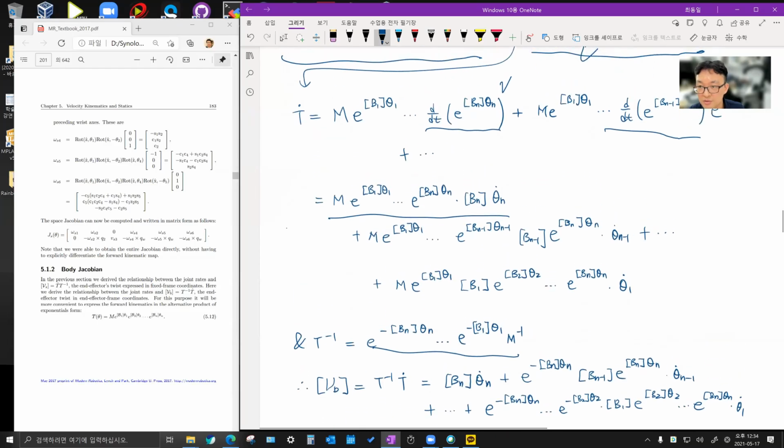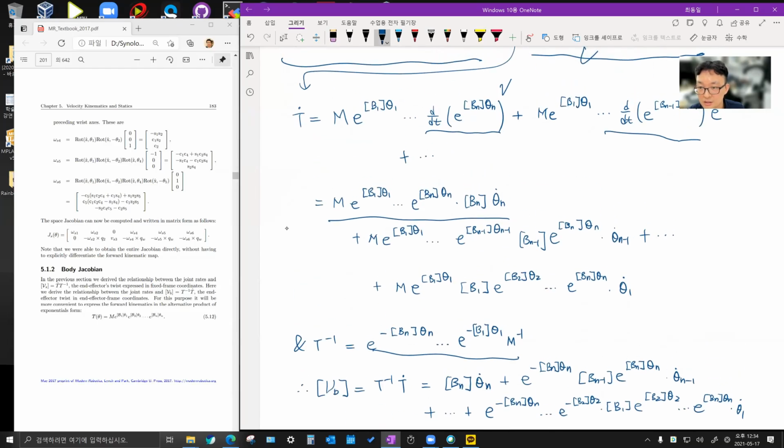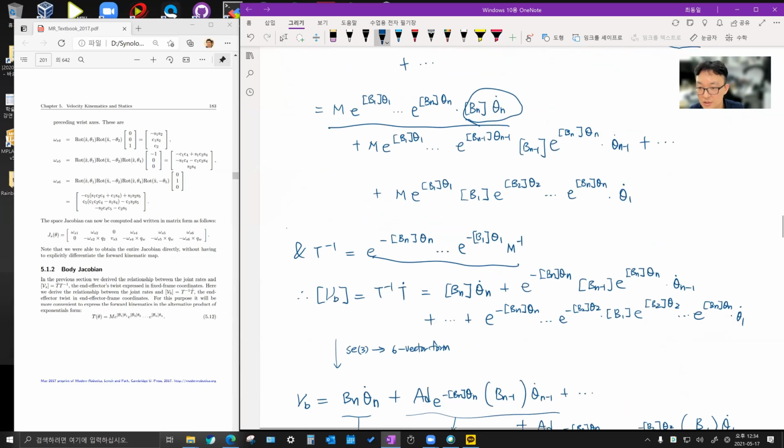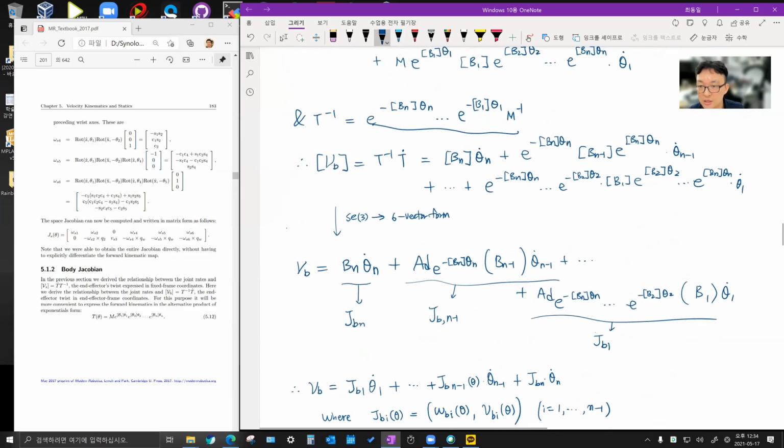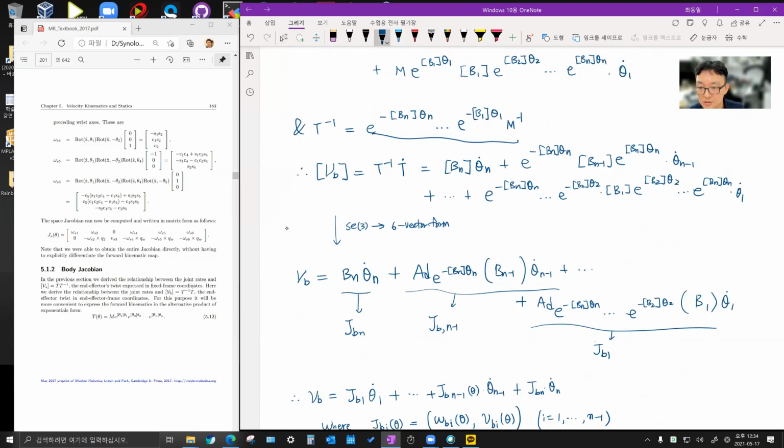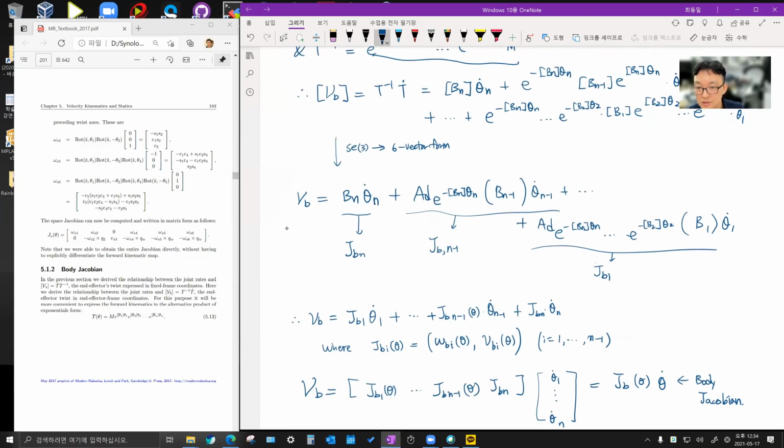So in the first element, we can get this element, and so on. So actually this small se(3) matrix form of this equation can be converted to the 6-vector form using the adjoint. So we can get this equation.